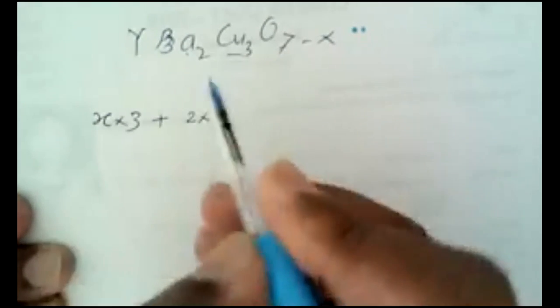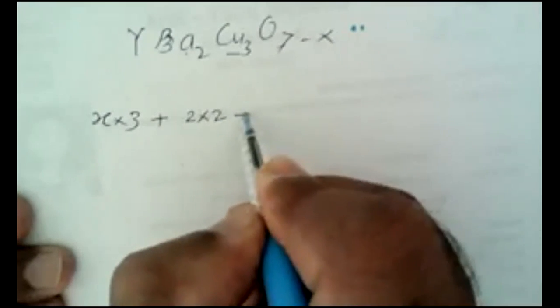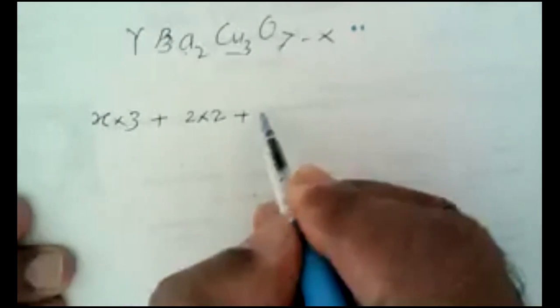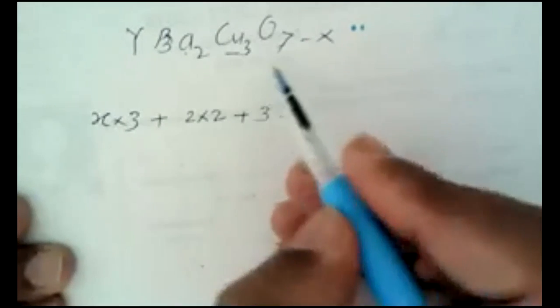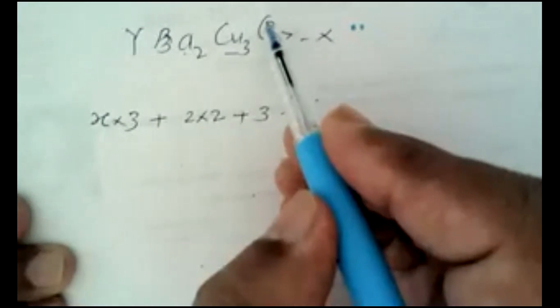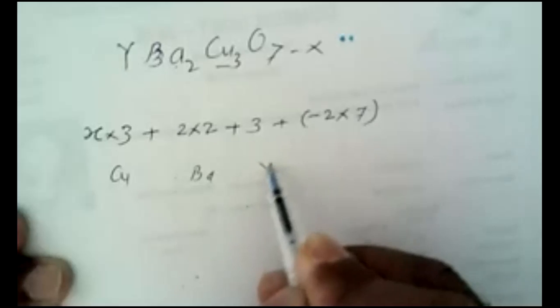The oxidation state of barium is +2, hence 2 multiplied by 2, plus yttrium, which has +3 oxidation state, and oxygen always has -2 oxidation state in all of its stable compounds. So for every oxygen it is -2, and 7 oxygen atoms are present, hence we write 7. So this is copper, this is barium, this is yttrium, and this is oxygen.